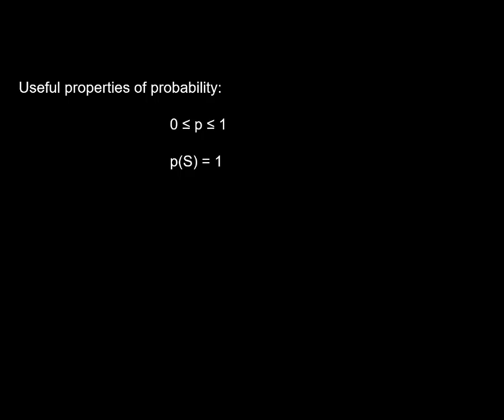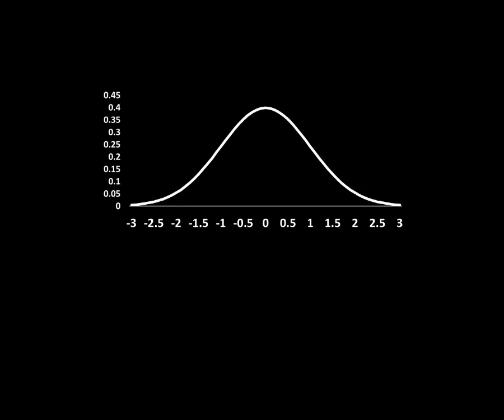And then the last thing is the probability that something happens in an experiment has to equal 1, and this becomes very useful in hypothesis testing when we split the sample space up into two sets. Those two probabilities in the sample space have to add to 1, so that's going to be useful for us later on.